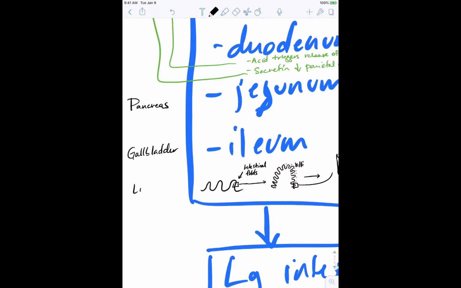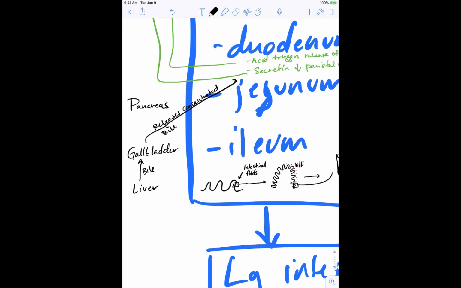and the liver. And the liver gives the gallbladder bile, which the gallbladder concentrates, and the gallbladder will release concentrated bile into the duodenum when fat is sensed.